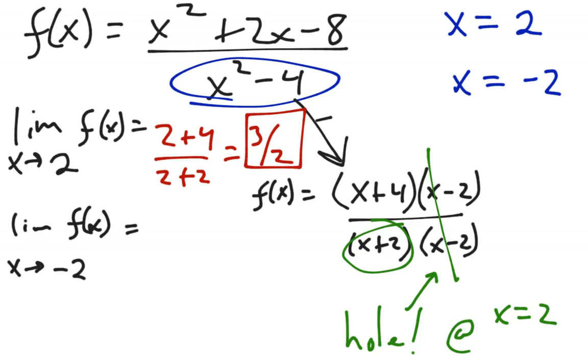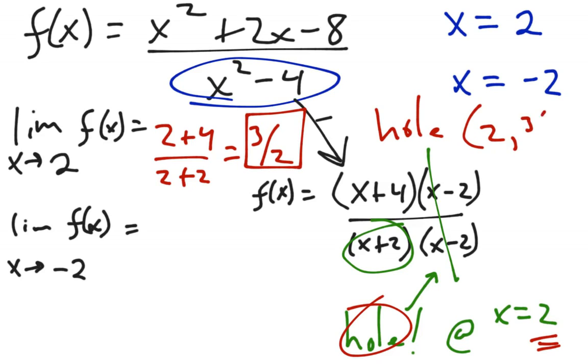A hole has an x and a y coordinate, so the coordinates of the hole are the x value, which was 2, and the y value which we got from that limit, which is 3/2. Awesome. Next, we have to do the limit as x approaches -2. Notice that if we plug in -2 into the top, we get something that is not 0. That means -2 is going to be our vertical asymptote.